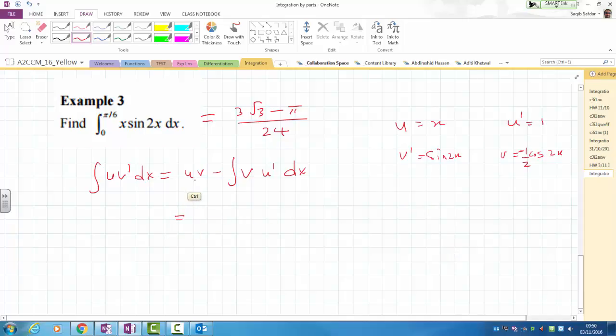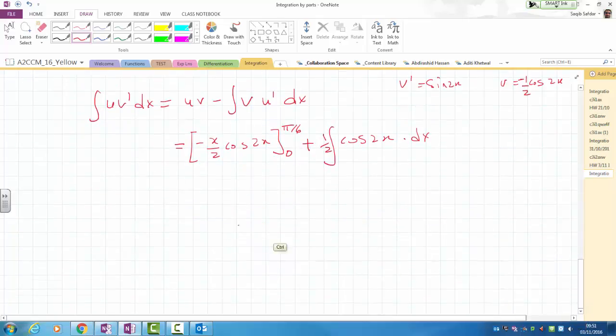So you've got u times v, which is minus x over 2 cos 2x with our limits of pi over 6 and 0. And then we also have the integral of v u prime, so v is going to be a minus a half again, and so we can make that positive and put the half outside, and that gives us cos 2x times u prime, which is simply 1.